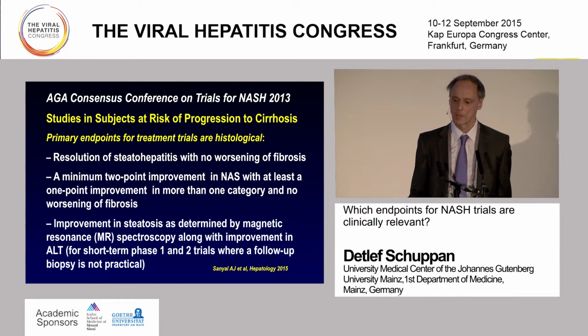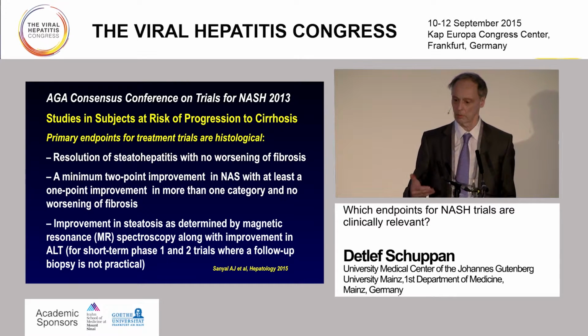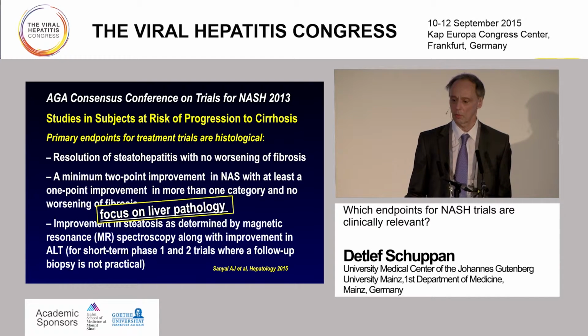And of course, we have some other ancillary parameters like improvement of steatosis, which in itself is not dramatically relevant, and also some very bad surrogate markers like ALT, especially when we look for signals in short-term and low-numbered trials. However, this all is focused on liver pathology.